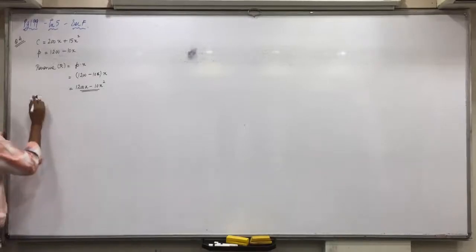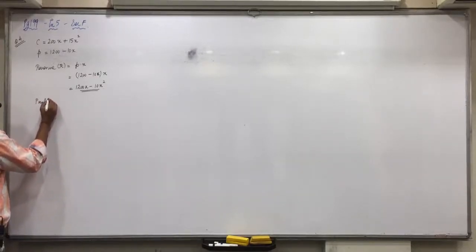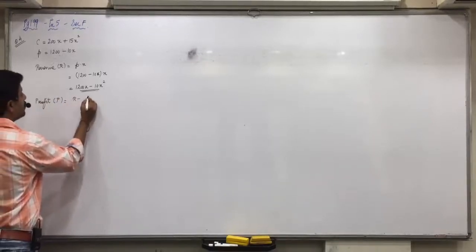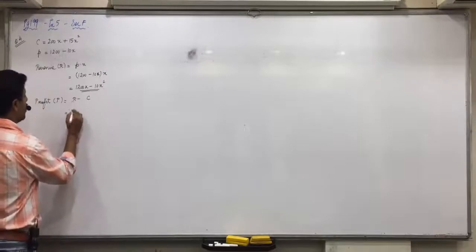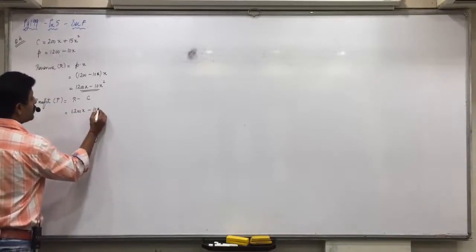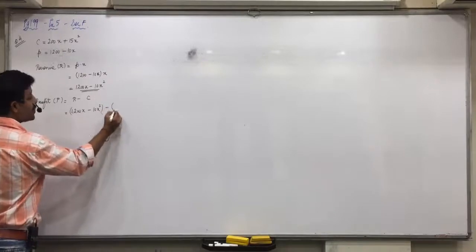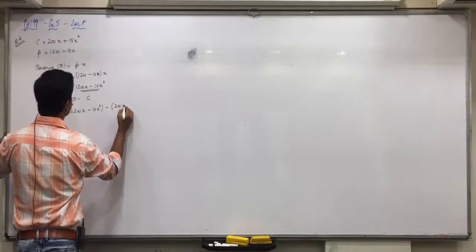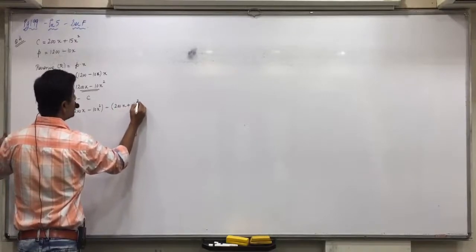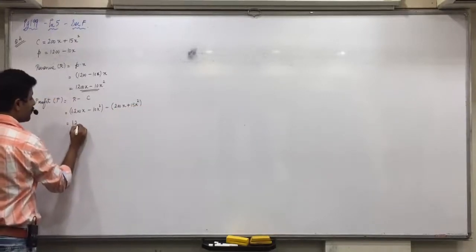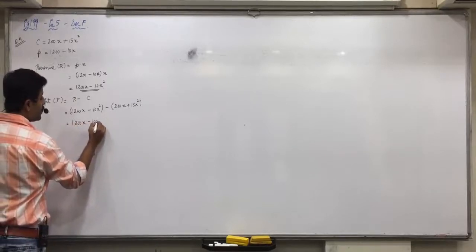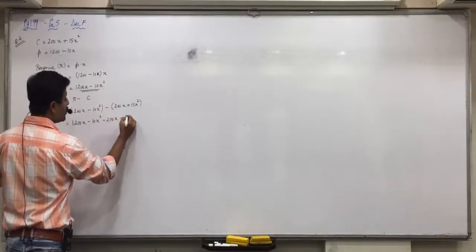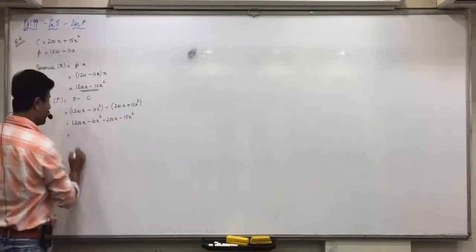Now profit can be obtained, profit function, capital P. That would be R minus C. Now what is R? 1200x minus 10x squared minus, what is C? 200x plus 15x squared. If you open the brackets, 1200x minus 10x squared minus 200x and minus into plus minus 15x squared.